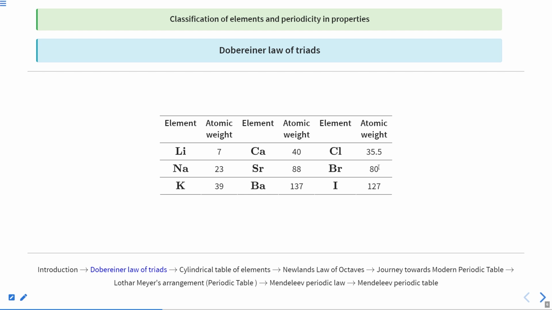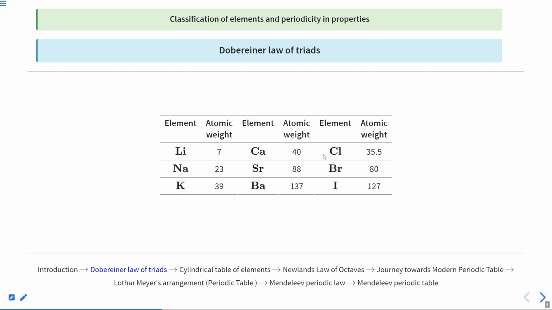So the atomic weight of the middle one in all of these three falls approximately equal to the average of the elements present on the upper and lower side, or either side. Clear? So this is one triad: lithium, sodium, potassium. This is another triad: calcium, strontium, barium.